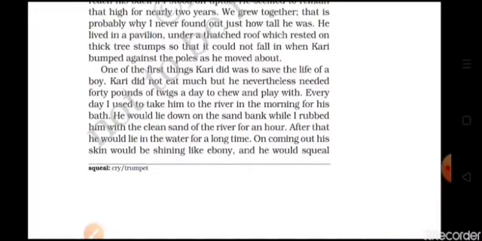One of the first things Kari did was to save the life of a boy. Kari did not eat much, but he nevertheless needed 40 pounds of twigs a day to chew and play with. Every day I used to take him to the river in the morning for his bath.